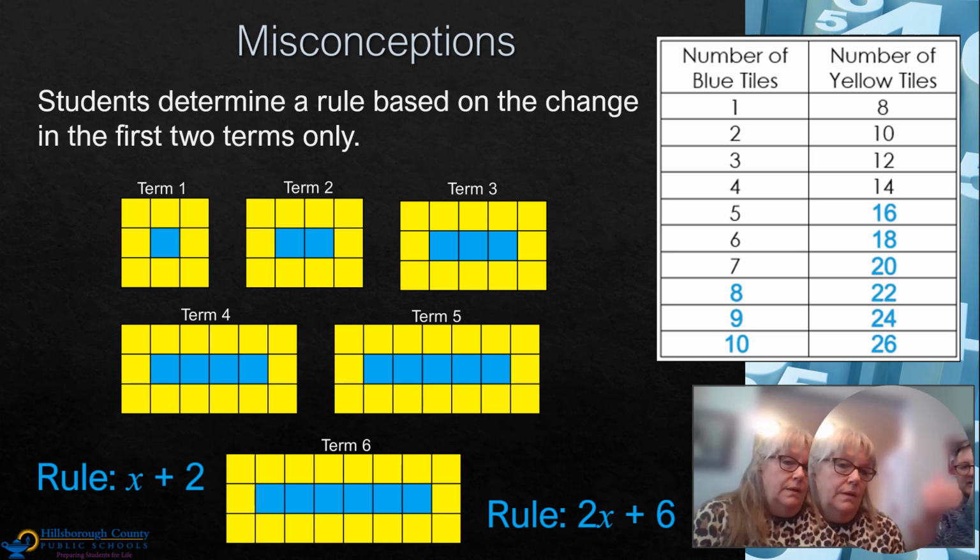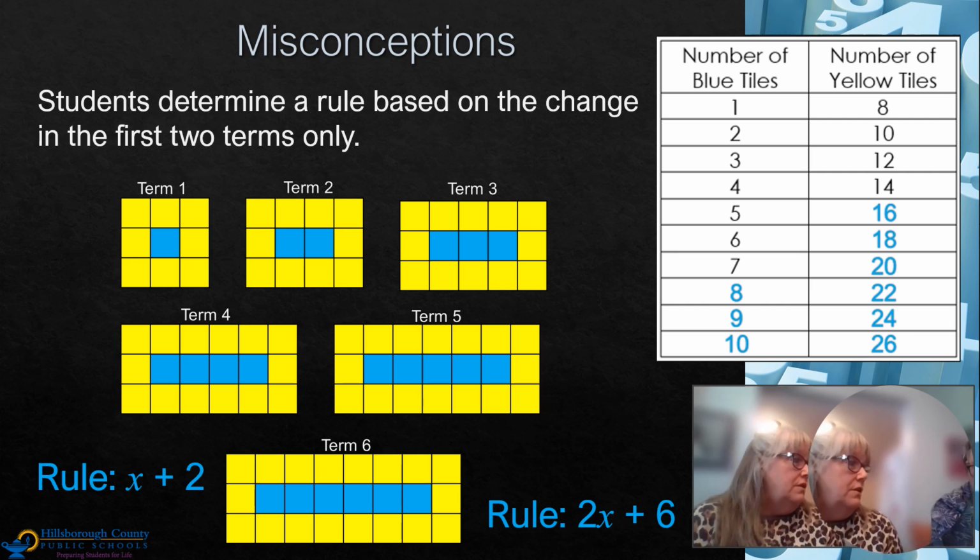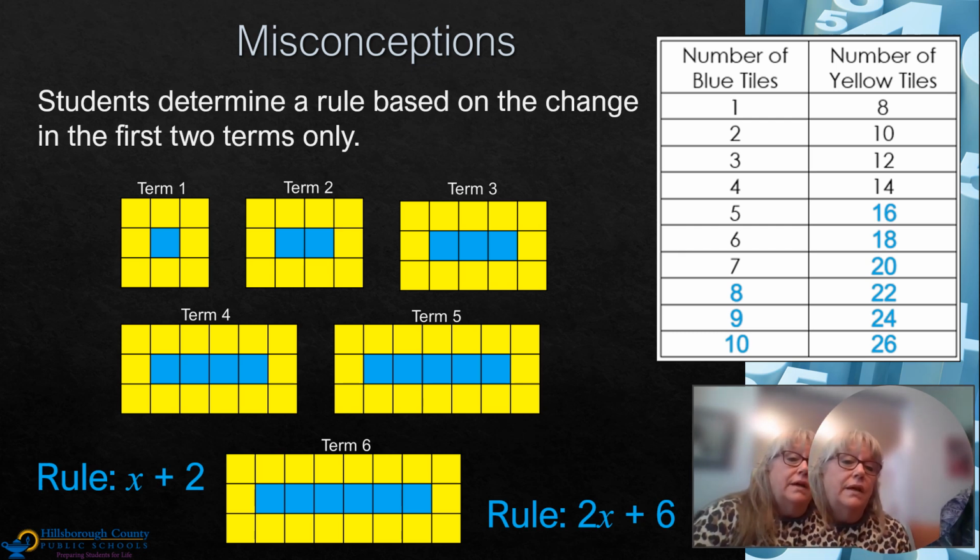There are 6 yellow tiles on the sides, if you will, every single term. So I'm going to be adding those 6, and I have 2 yellow tiles on the ends of each blue tile. So I am going to multiply the term times 2 because for every 1 blue tile, I have 2 yellow tiles.